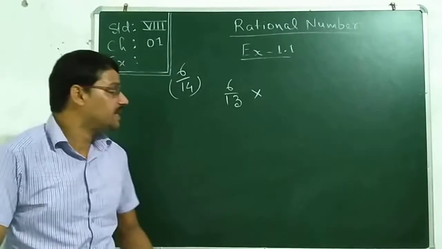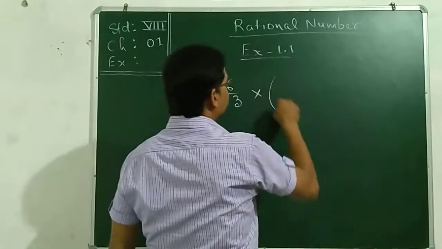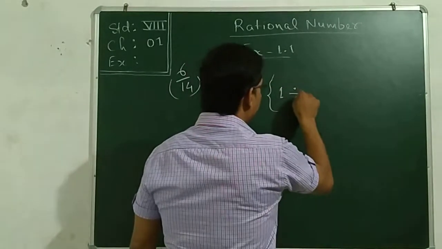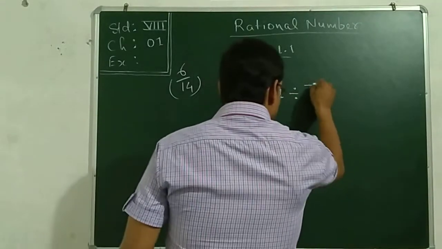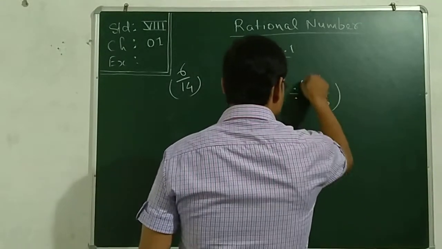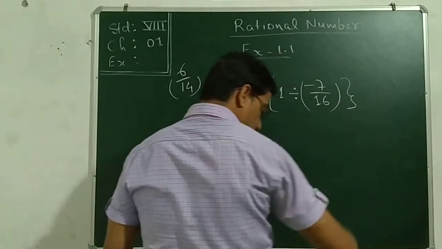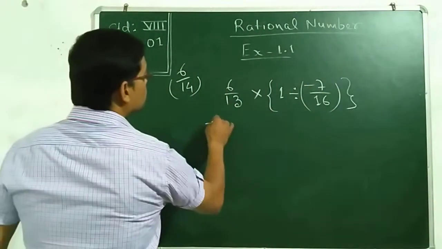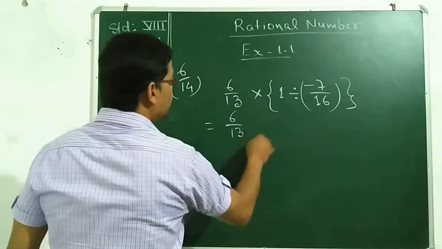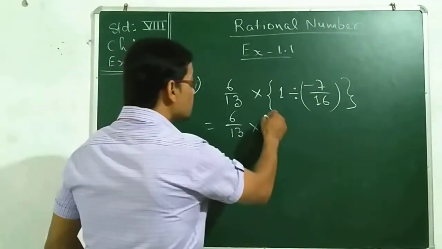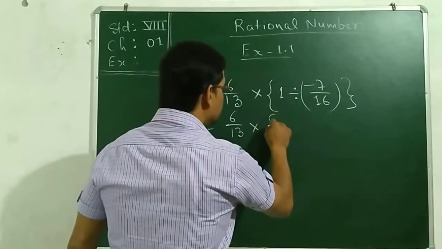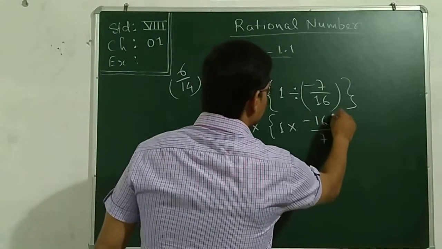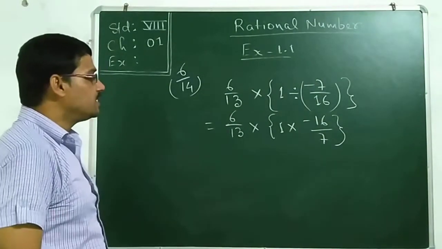The reciprocal of minus 7 by 16 we can write directly here: 1 divided by minus 7 by 16, equal to 6 by 13 into, within bracket, 1 into minus 16 by 7, that is directly minus 16 by 7.